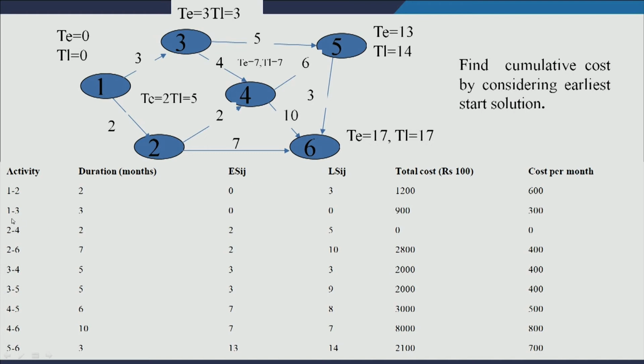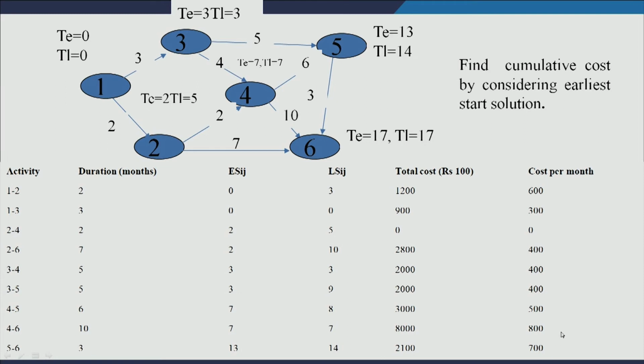For activity 1 3, its duration is 3 months and cost is 900 for 3 months. So, cost per month is how much? 300. Similarly, for 5 6, total duration is 3, total cost is 2100, and cost per month is this divided by 3.